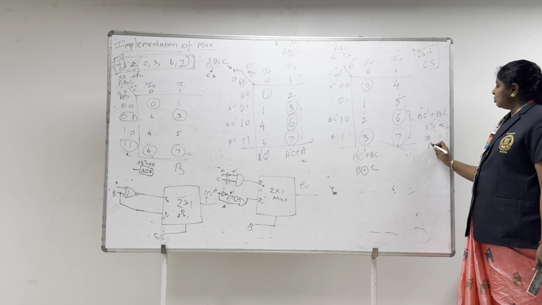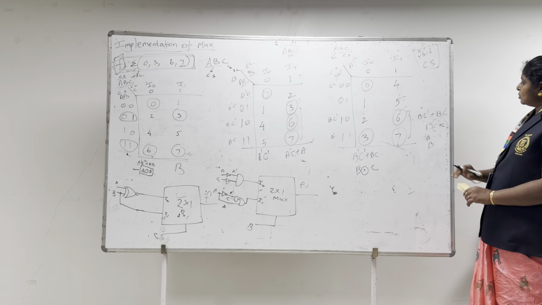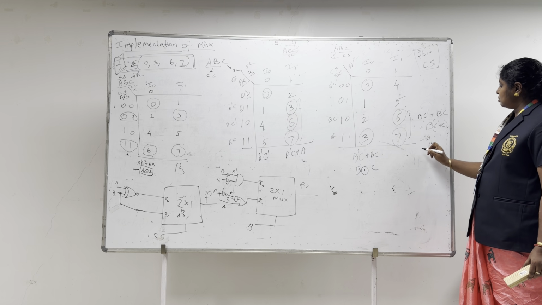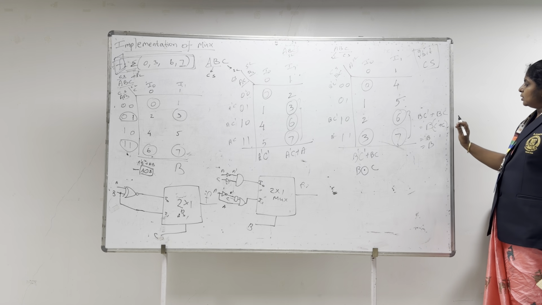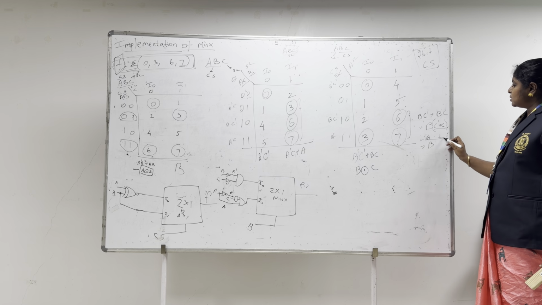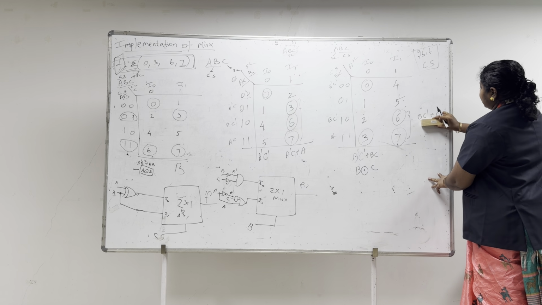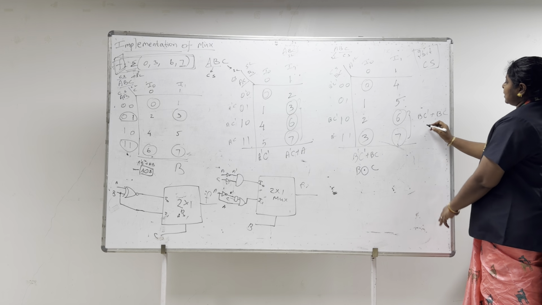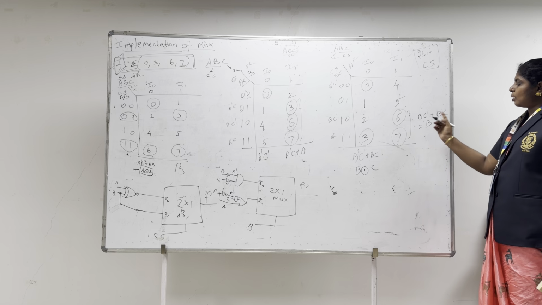B dot 1 is equal to B by the identity property. That's what we are writing here as B alone. So BC bar plus BC is equal to B. That is what we are mentioning as the common term.